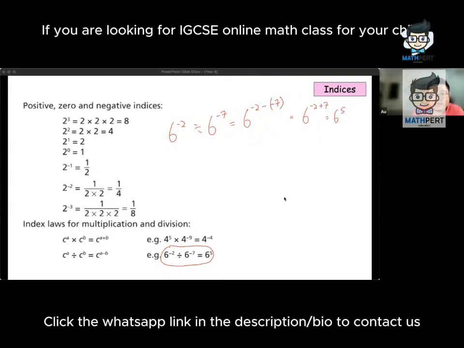Let's see whether it is correct or not. 6 to the power of negative 2 divided by 6 to the power of negative 7 is 1 over 6 squared divided by 1 over 6 to the power of 7.